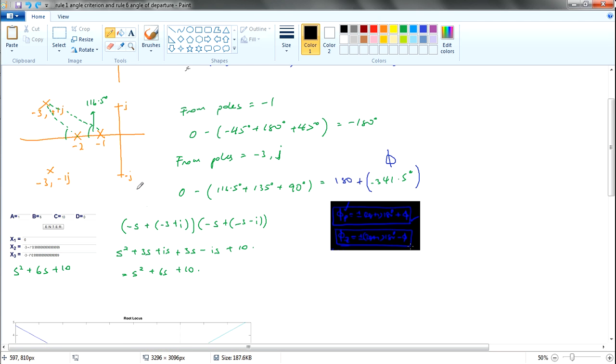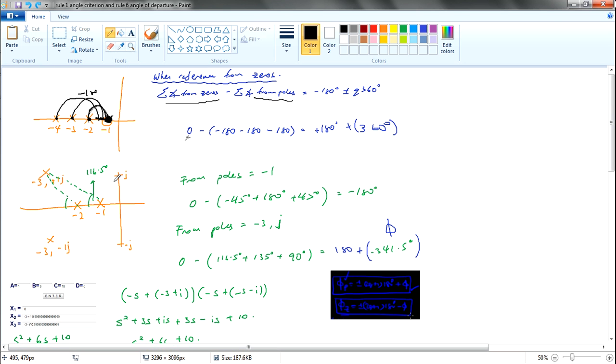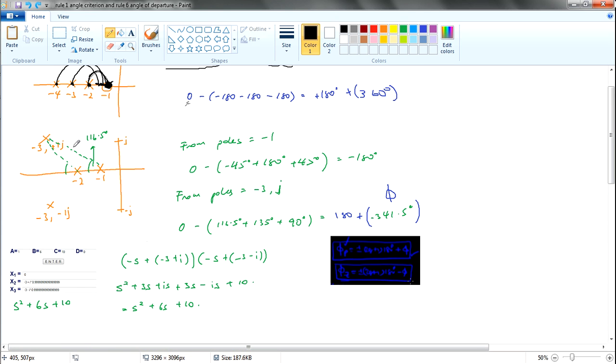So let's take a look at an example with imaginary poles so that it'll be much clearer. Imagine we have a transfer function, an open loop transfer function: K times s squared plus 6s plus 10, over s plus 2, s plus 1.